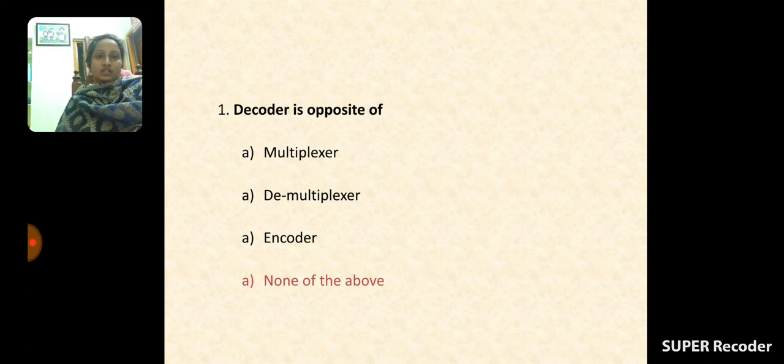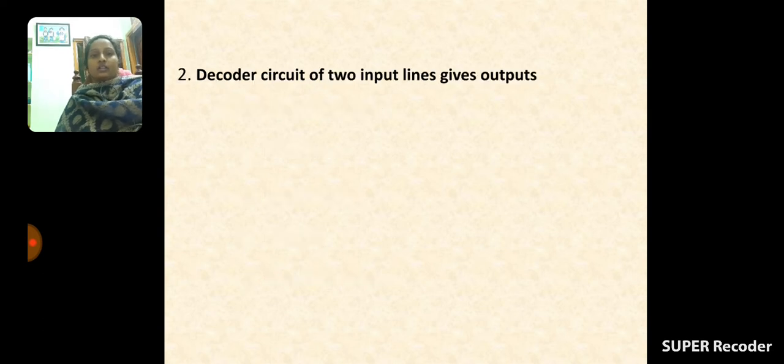Once see here, some multiple choice questions. A decoder is the opposite function of: multiplexer, demultiplexer, encoder, or none of these. Next, a decoder circuit of two input lines gives how many outputs: 4, 8, or 1?